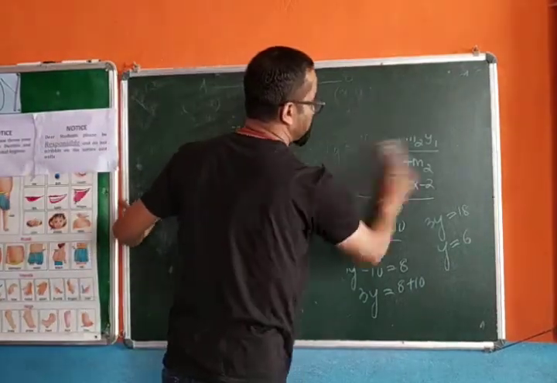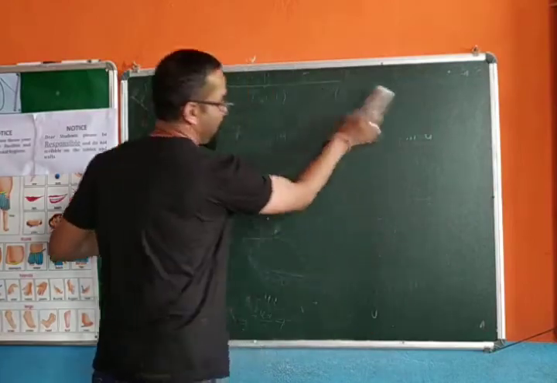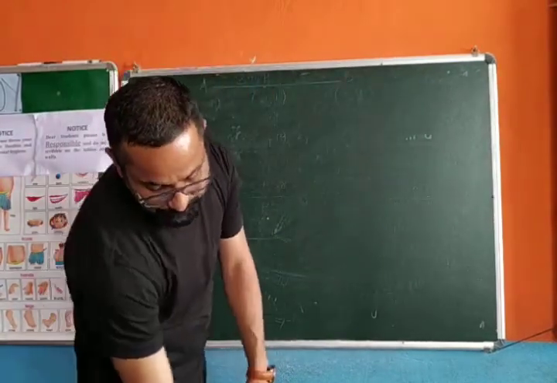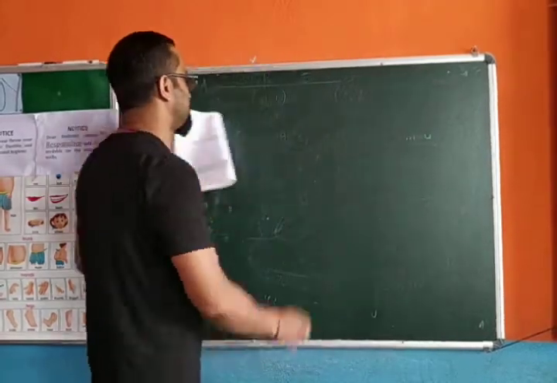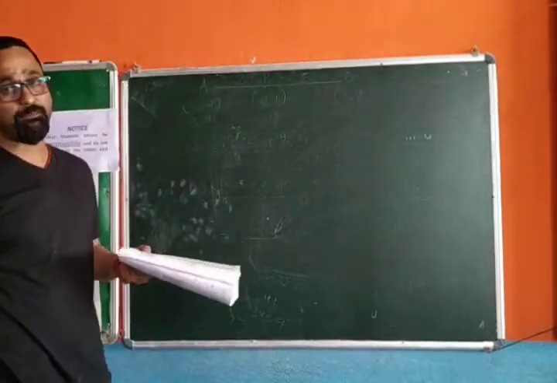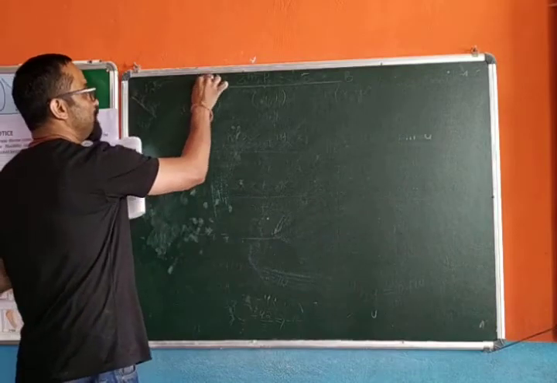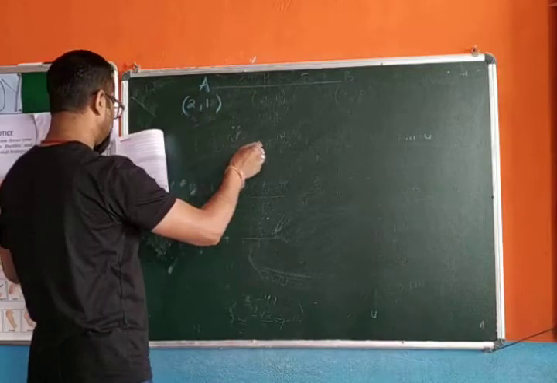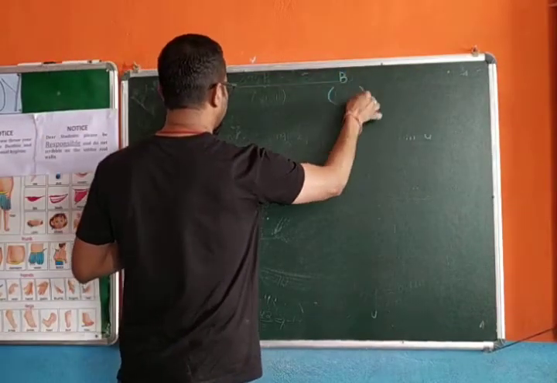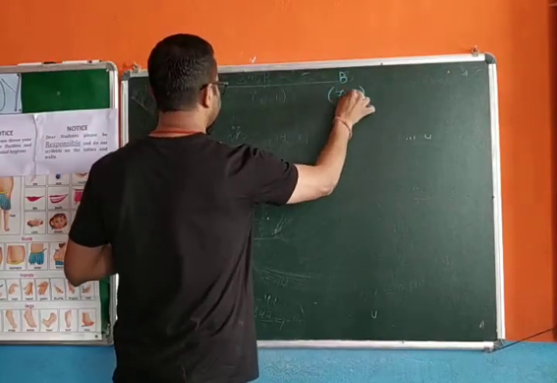Question number 13 is an important one. In what ratio does the point 5, 4 divide the line segment joining 2, 1 and 7, 6? You do not have name given for the point, so we assume it. Let A equal 2, 1, B equal 7, 6.